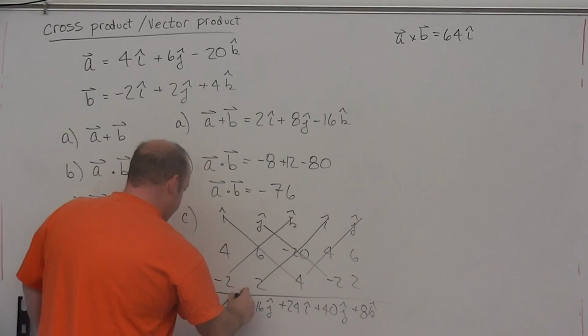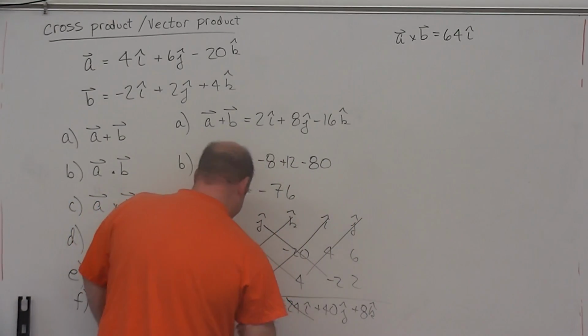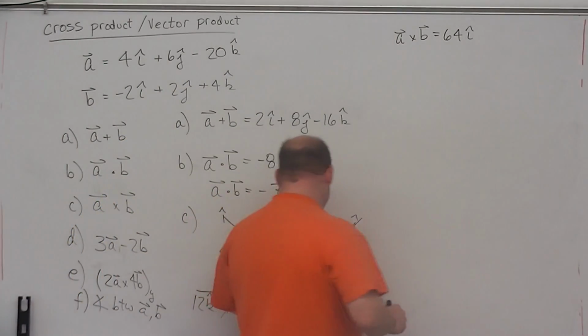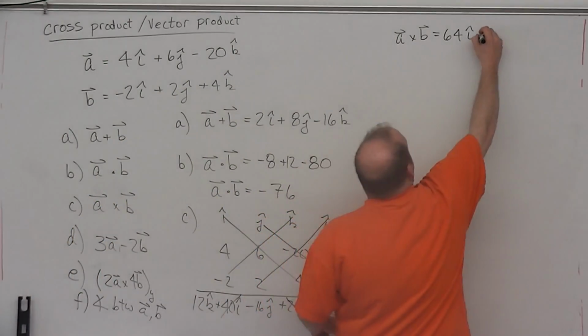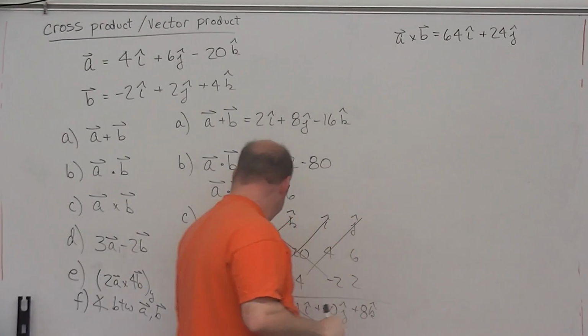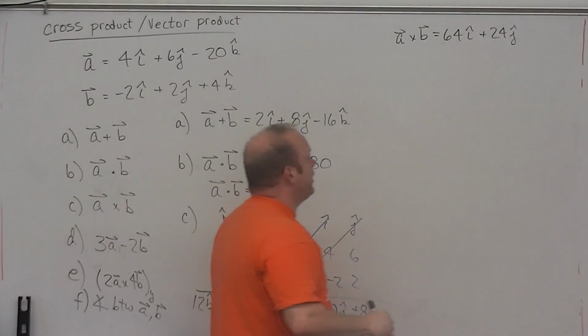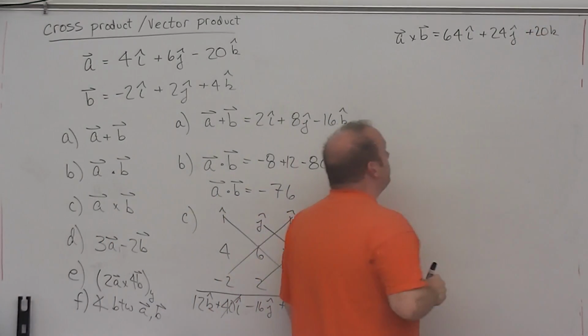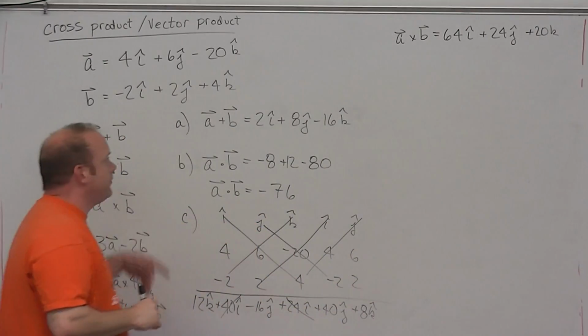My j's, I'm just going to cross these out so I can see them. J's, I've got negative 16 and 40, so that's 24j hat. K's, 20k. Okay, so that's your A cross B, that's C done.